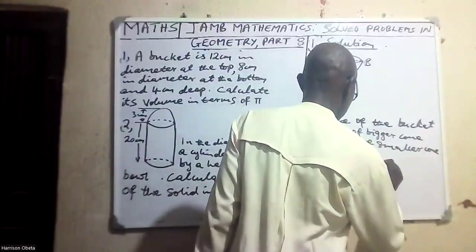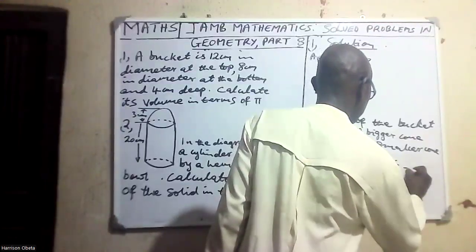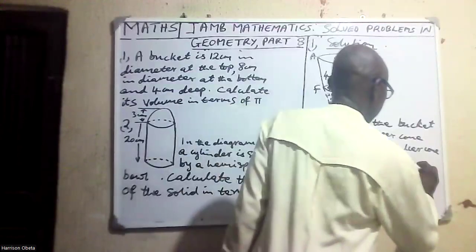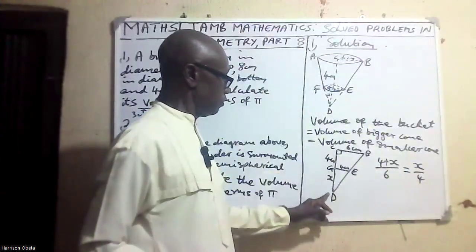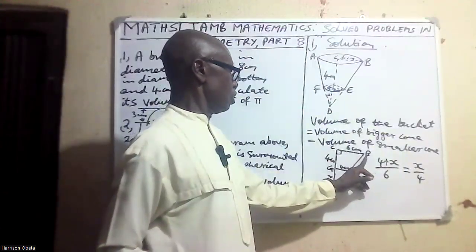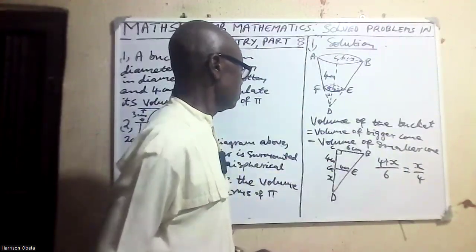So that will give us 4 plus X over 6 equal to X over 4. That is the whole of this over this equal to from here to here over this 4.